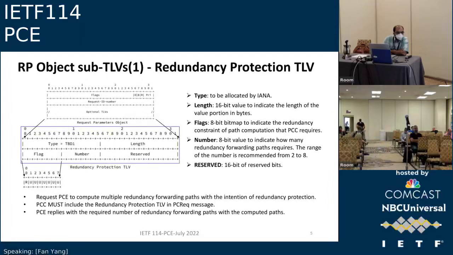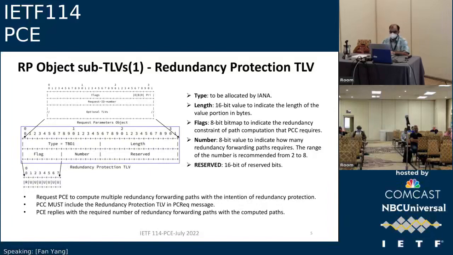And the first sub-TLV of this RP object is called the redundancy protection TLV. Actually, there are two fields in this TLV. The first is the flag, where we use an 8-bit bitmap to indicate the constraint of the path computation, and one flag is used to indicate it is the redundancy path computation requirement.